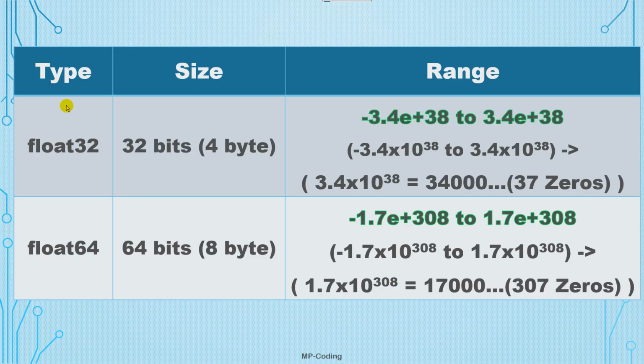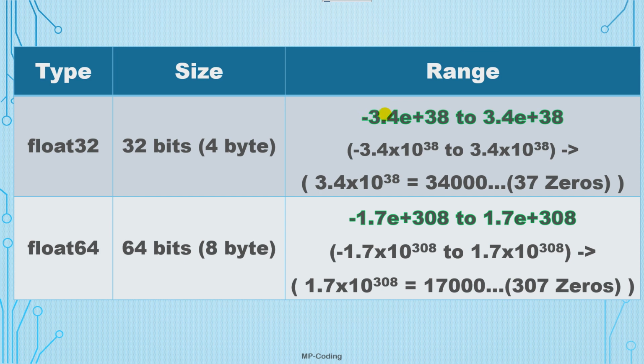Before that, look here at this data table. It has floating point types and their size and range. Float 32: its size is 32 bits, which equals 4 bytes. Here is the range of float 32: minus 3.4e plus 38 to 3.4e plus 38. Don't worry about this number.